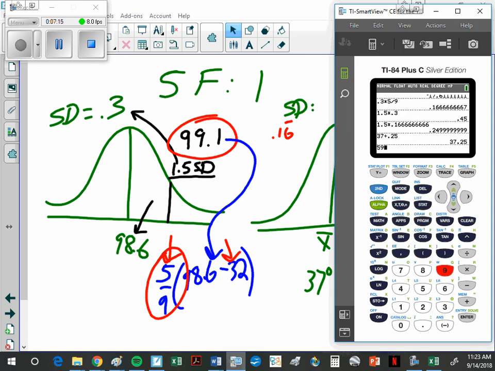So 5/9, not 59, 5/9 times 99.1 minus 32. And that 99.1 was rounded a little bit, so it was a little bit off. So anyway, we nailed it. Okay.